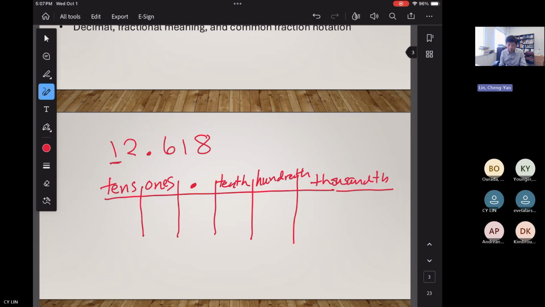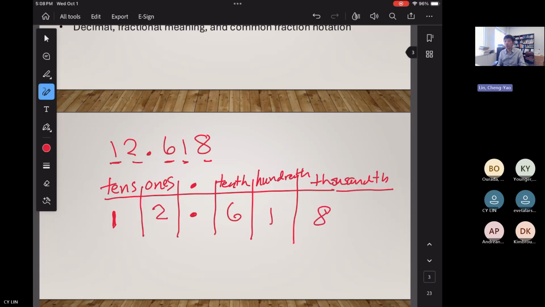So 1, that means 1 ten. 2, that means 2 ones. And we have decimal point there. 6 means 6/10. 1, that means 1/100. And 8, that means 8/1000.